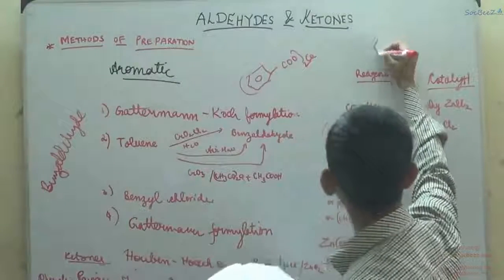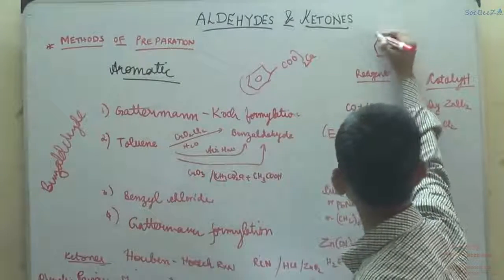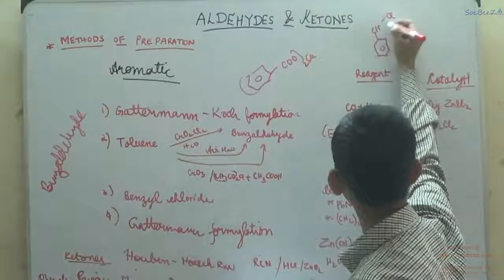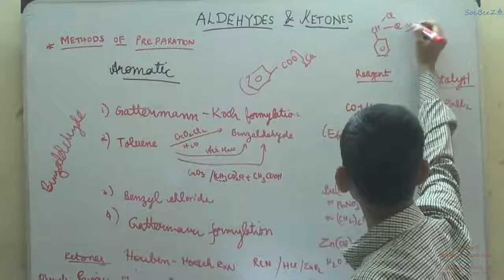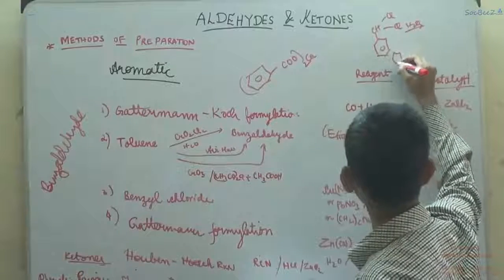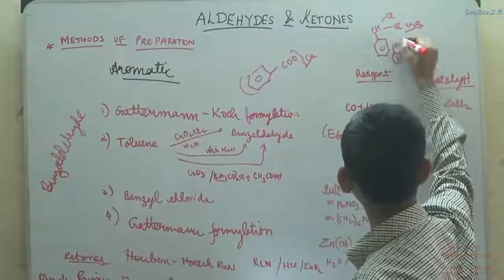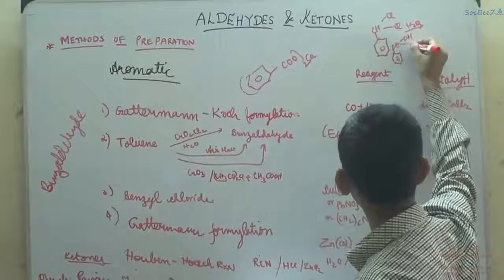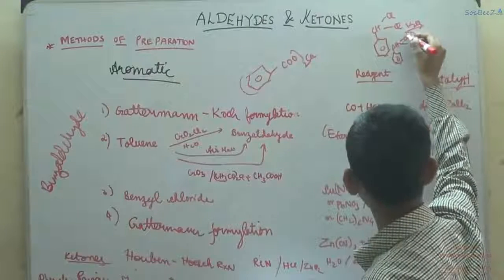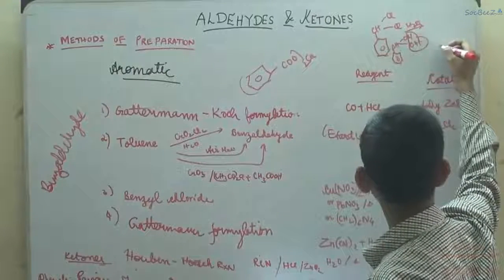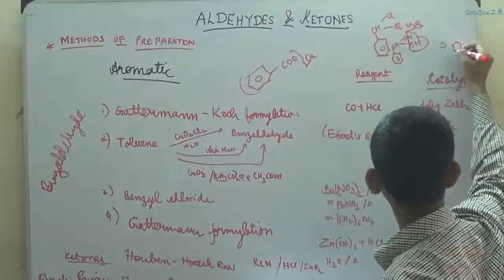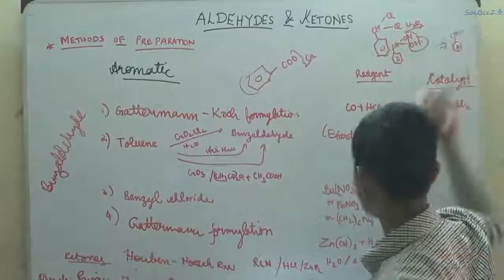Suppose benzal chloride, and if you hydrolyze, you will get what? CH(OH)2, two OH on the same carbon atom, unstable, removal of a water molecule, so you will give rise to benzaldehyde.